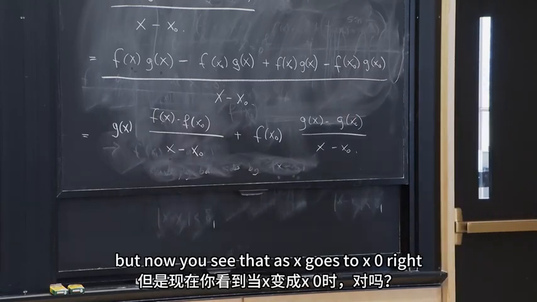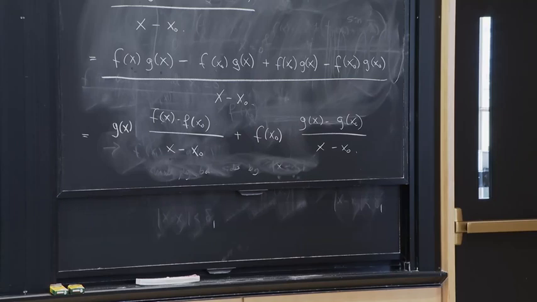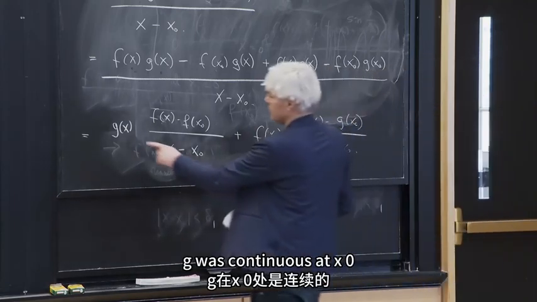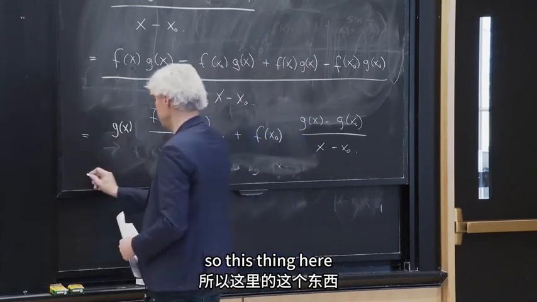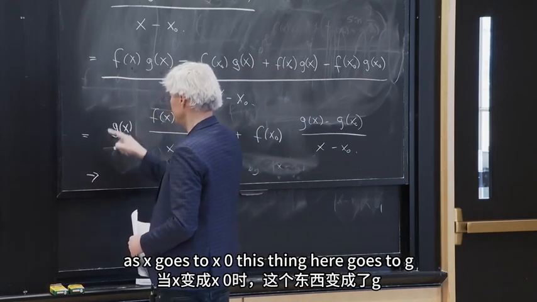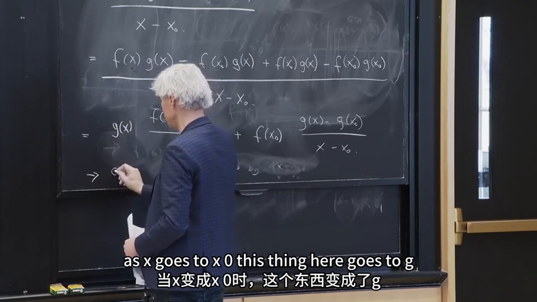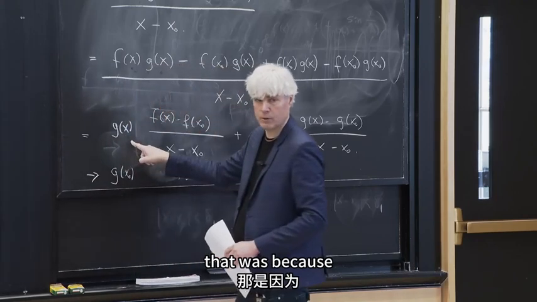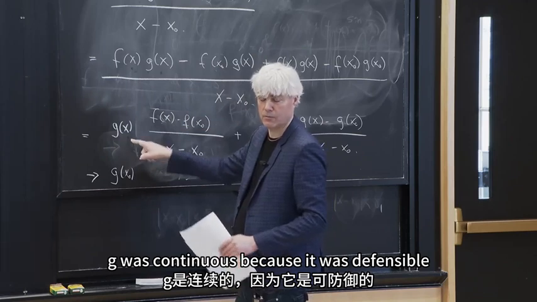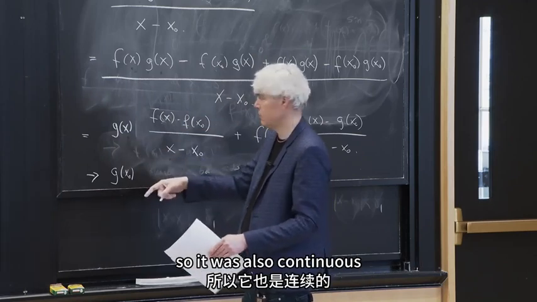But now you see that as x goes to x0, well, g was continuous at x0, right? So this thing here, as x goes to x0, goes to g of x0. That was because g was differentiable, so it was also continuous.